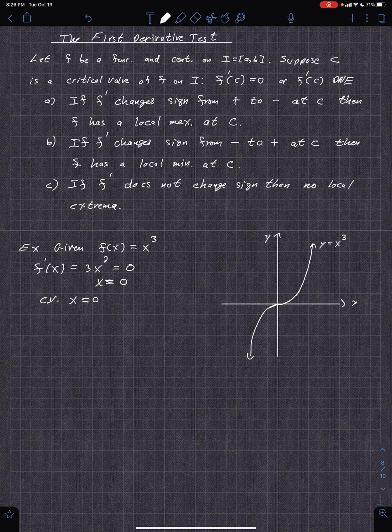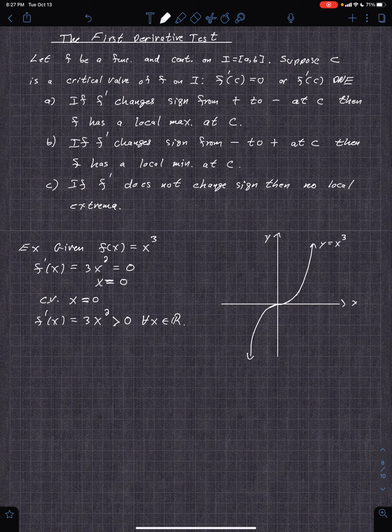All right, so does it change sign at 0? Well, if you investigate f prime of x equal to 3x squared, that's always positive for all x in the reals. It never changes sign. And you can see that by the graph, right? From left to right, it's always increasing. Okay, so there's no local extrema.